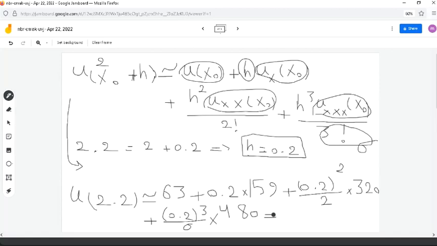Miss Zainab Taleb computed, and her result is 101.84. Okay? Until this, we compute the approximate solution by using 4 terms of Taylor's theorem, and 101.84 is an approximate solution for u of 2.2.